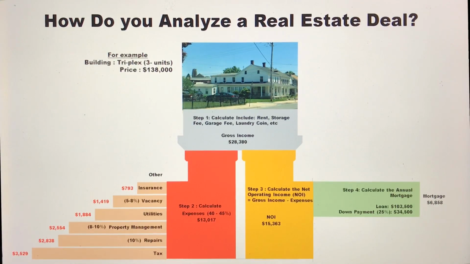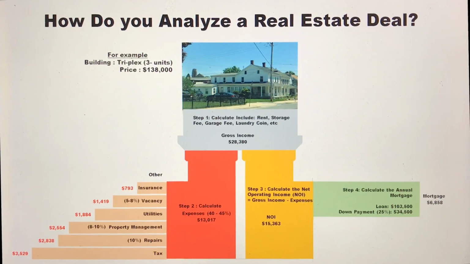Step four: now you have to decide if you're going to take a loan, which you should, unless you are offering a full cash offer. If you're taking a bank loan, you have to calculate the mortgage. You can use Zillow.com again or Realtor.com. There are many online apps you can use.